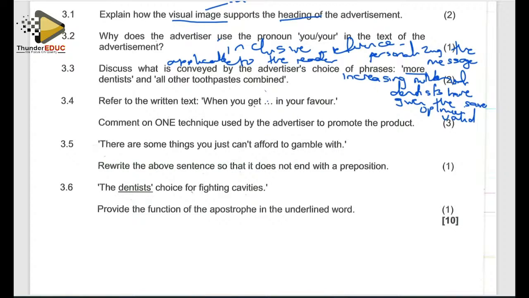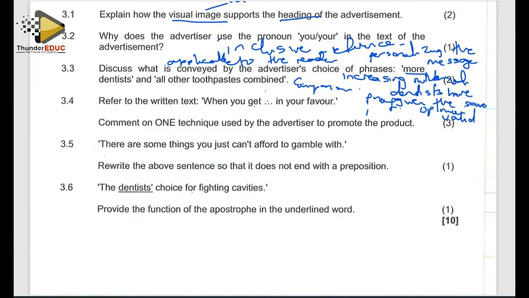Now, when we're coming in and say all other toothpaste combined, which means that exhaustion of other products has been done, a comparison has been made, that brings about a comparison. A comparison has been made, and therefore finality has been given to show that validation is there to prove that other toothpaste as well do not match to this one in fighting cavities.